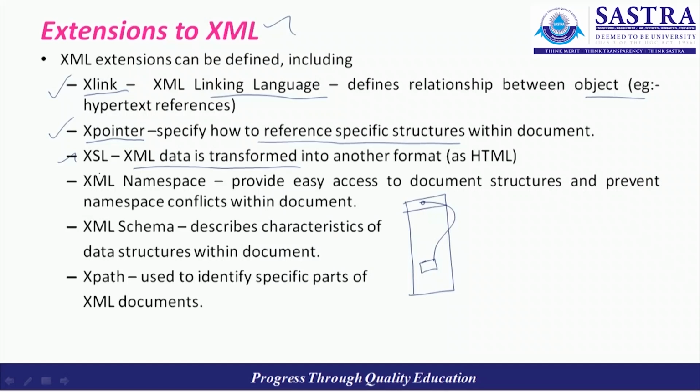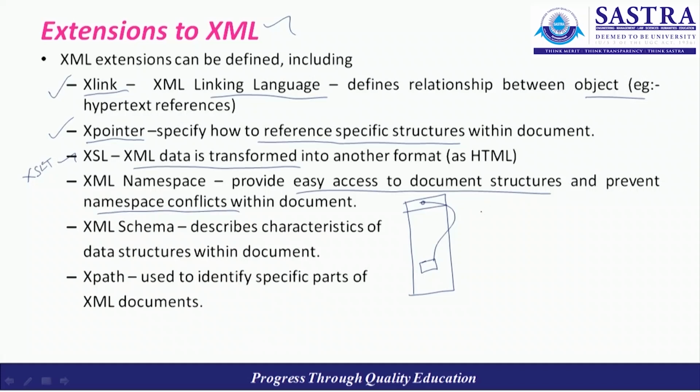Both are the same. It is abbreviated as XSL and sometimes it is called XSLT. Both are the same. XSLT. XML namespace, which provides easy access to the entire XML document structures and prevents namespace conflict.